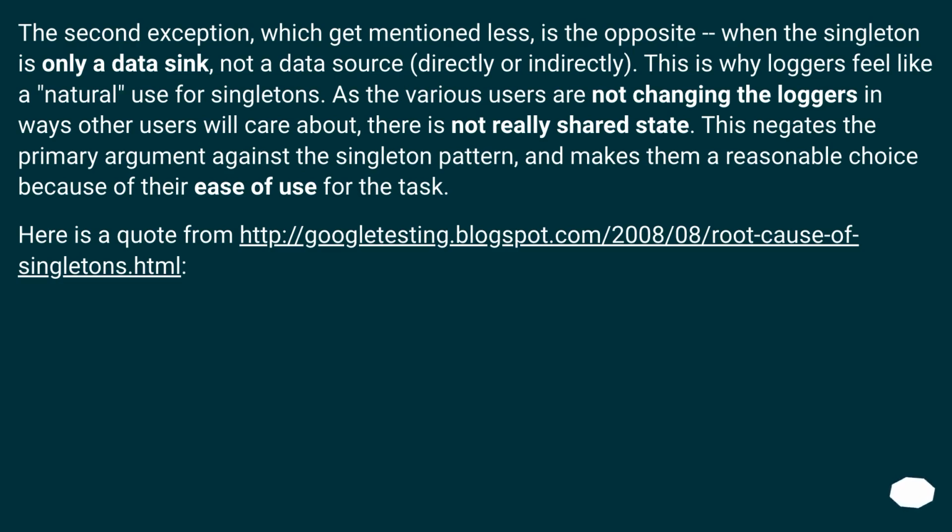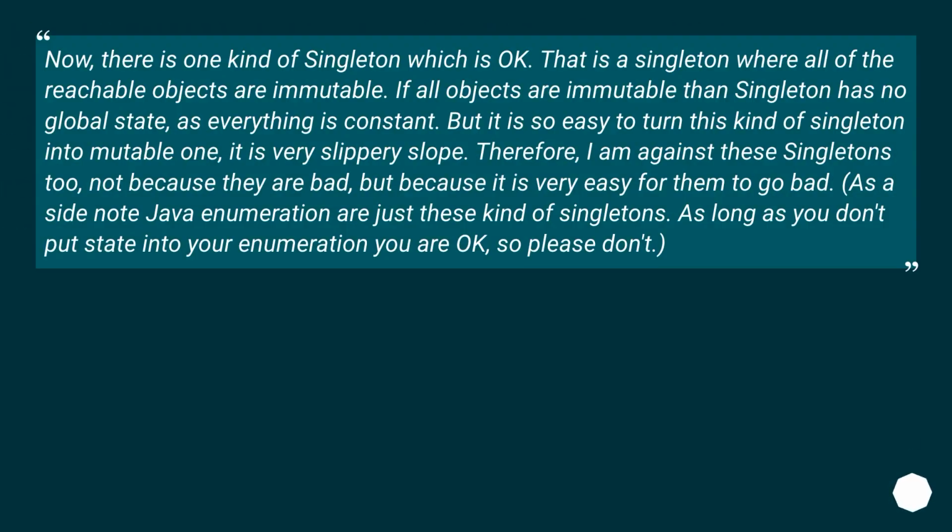Here is a quote from this URL. Now, there is one kind of singleton which is okay. That is a singleton where all of the reachable objects are immutable. If all objects are immutable, then singleton has no global state, as everything is constant.